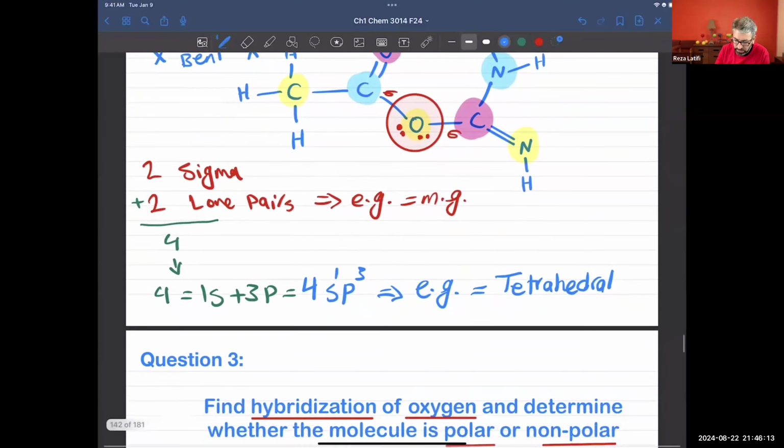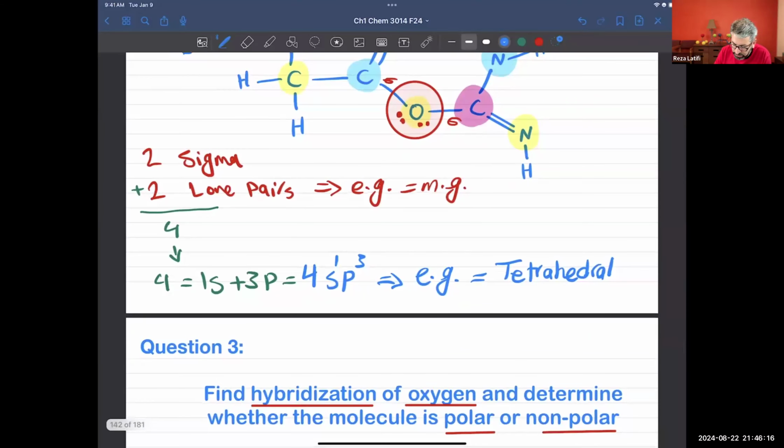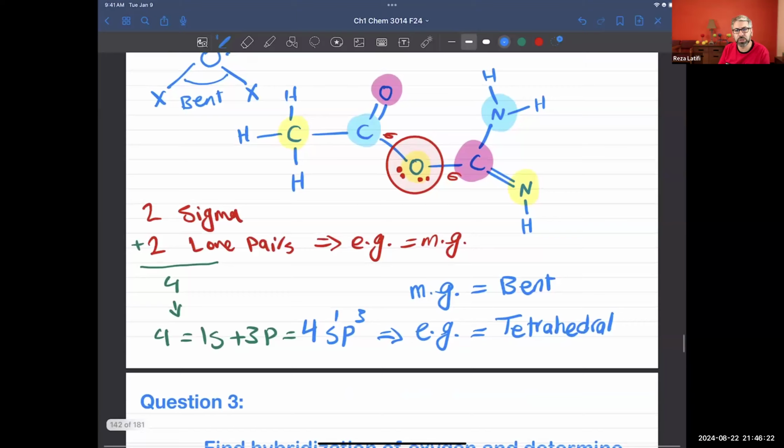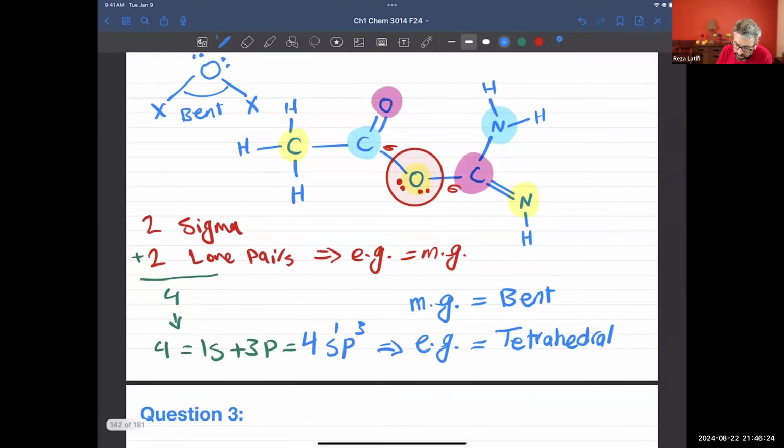So the molecular geometry will be bent. I have 2 lone pairs. Now what's going to be the bond angle between these two? Let's call it theta. I'm going to erase this. I want to see what's the bond angle here, this theta.